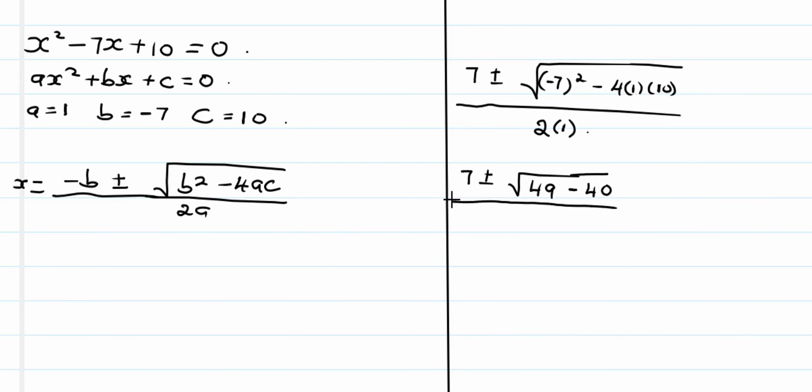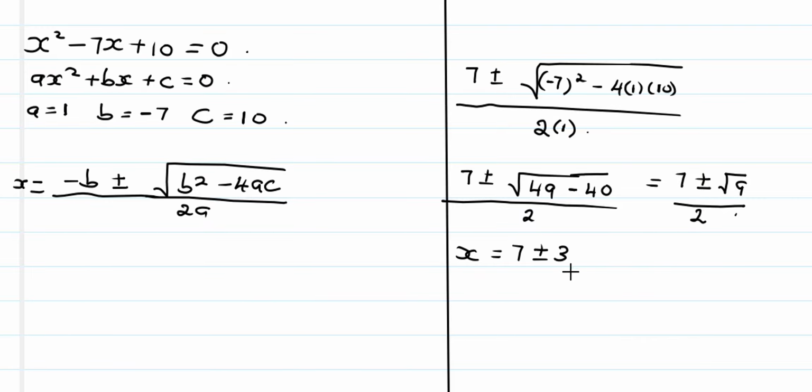Then divided by 2 multiplied by 1, which is 2. So we have 7 plus or minus the square root of 49 minus 40, which is 9, divided by 2. Then x becomes 7 plus or minus the square root of 9, which is 3, divided by 2.